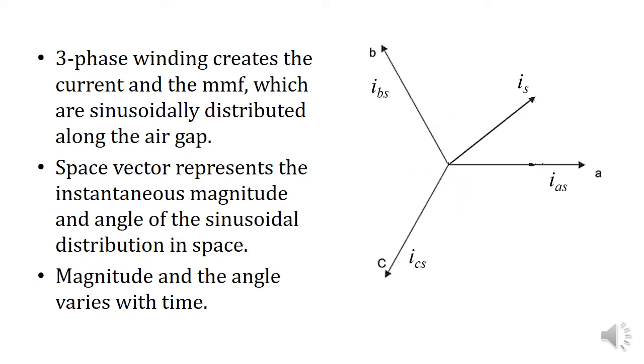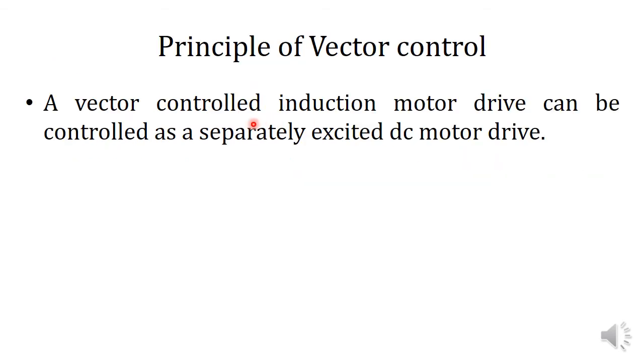So since we are going to control the induction motor with vector control, we have to incorporate the features of a DC motor. That means the vector controlled induction motor drive can be controlled as a separately excited DC motor drive.